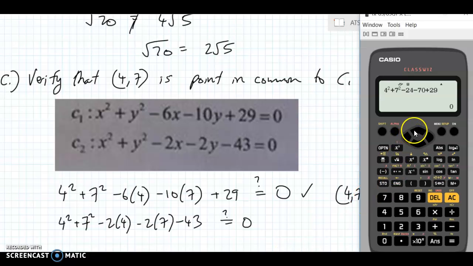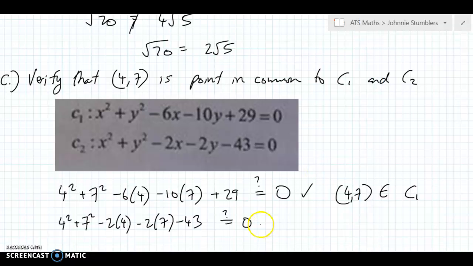So we'll just go back up here and do the same thing again. 4 squared plus 7 squared minus 8 minus 14 minus 43 equals 0. It does. So (4, 7) is an element of C2.